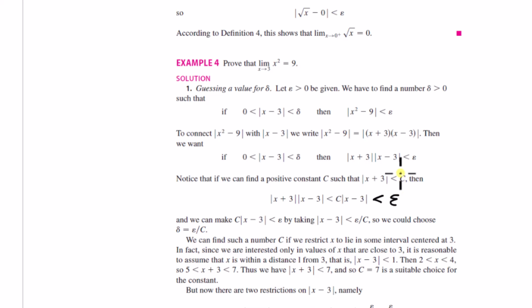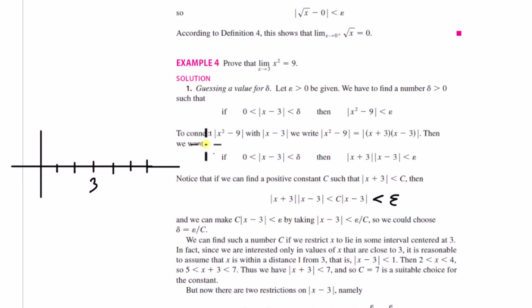Some upper bound number C. All right, so let's think about what exactly the input inequality is. All this is, is a set of x values that's roped off on the number line.